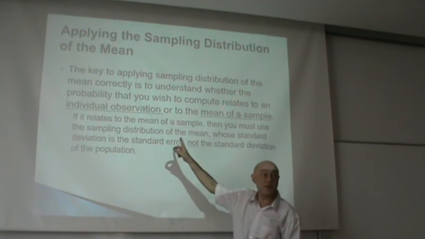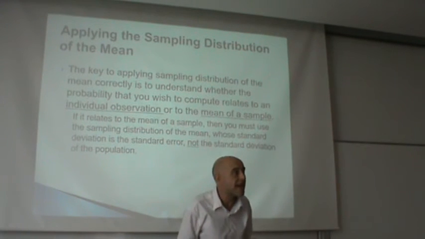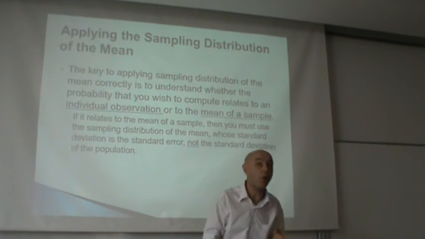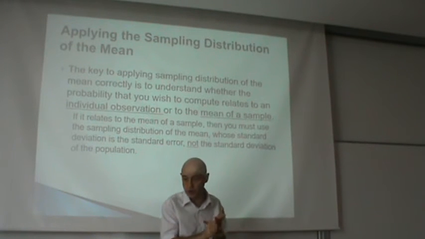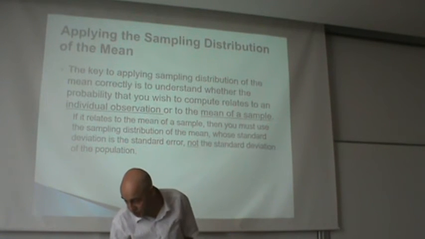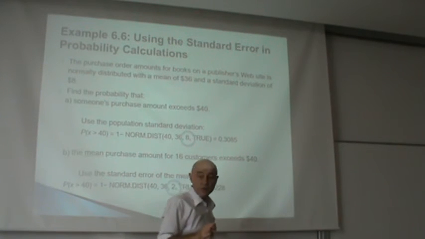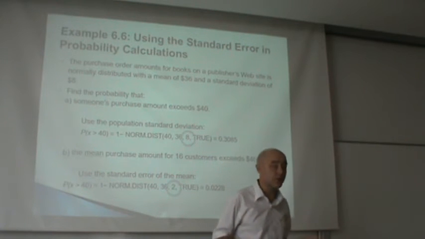If it's the mean of a sample, you need to use the sampling distribution. And the sampling distribution is usually normally distributed or, more commonly, t-distribution. That should be coming very soon.